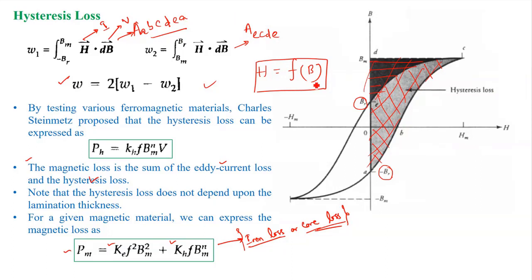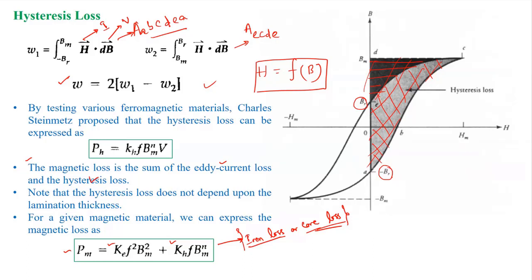That energy is lost because, if you see it the analytical way, what this area indicates is the movement of the dipoles. The dipoles change their direction when the magnetic field changes direction.